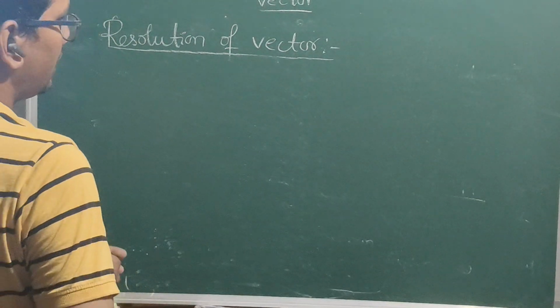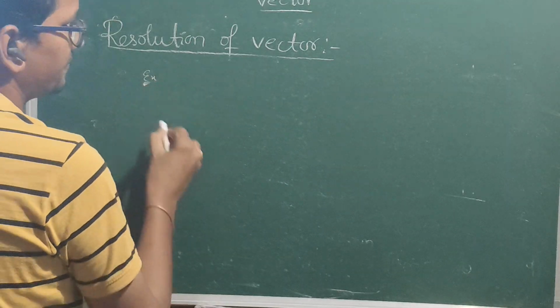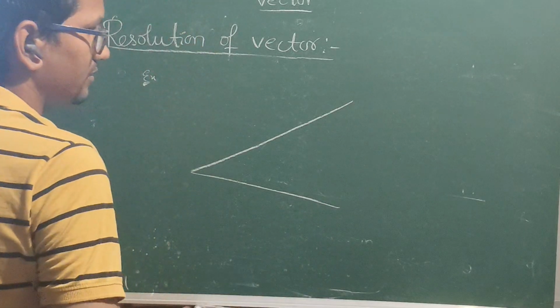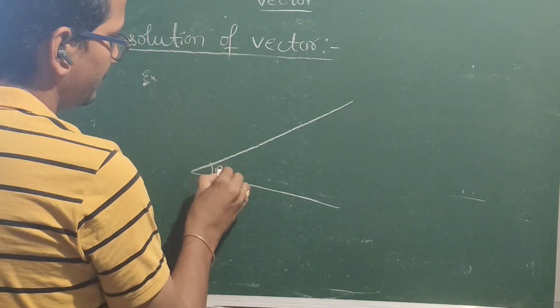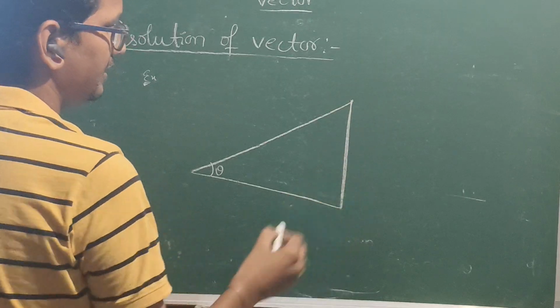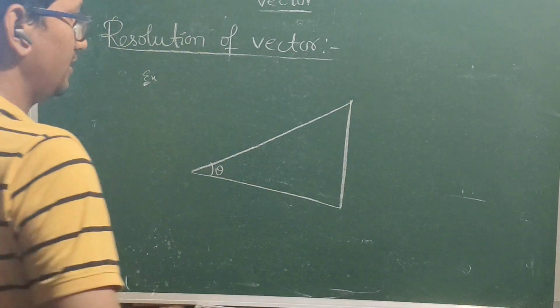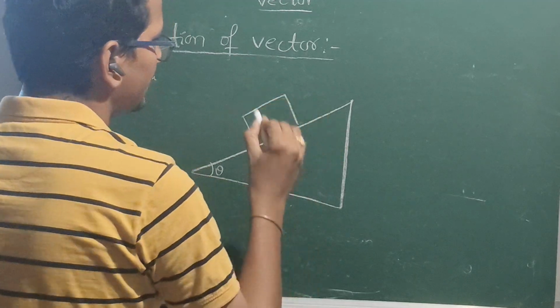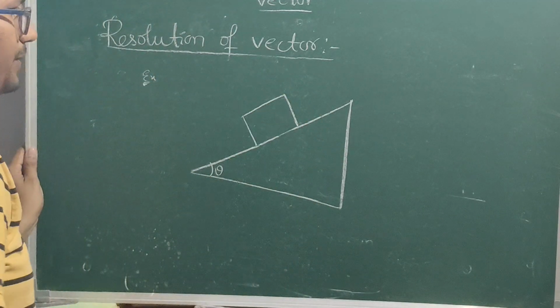Another example we want to take is an inclined plane. Inclined means the surface makes an angle theta, and one side has some height. That's called an inclined plane. If a block is placed on it, what happens?